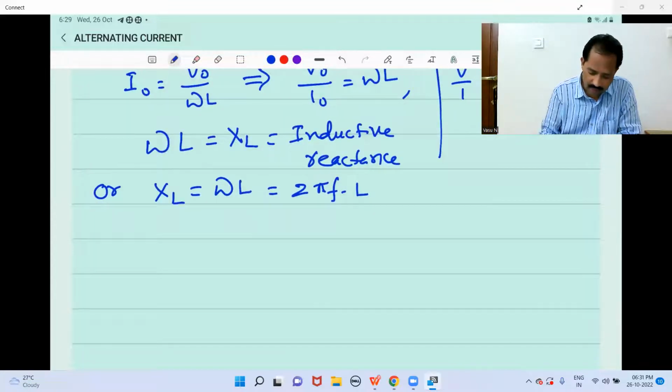They may ask you, what is inductive reactance?